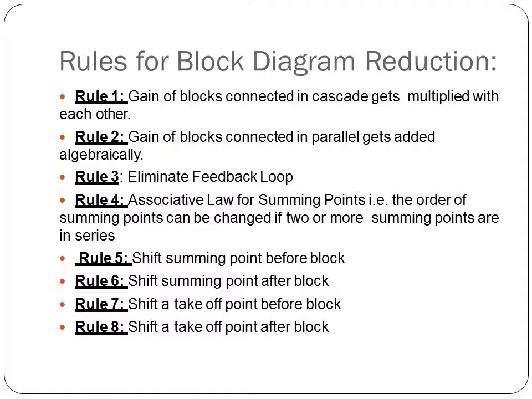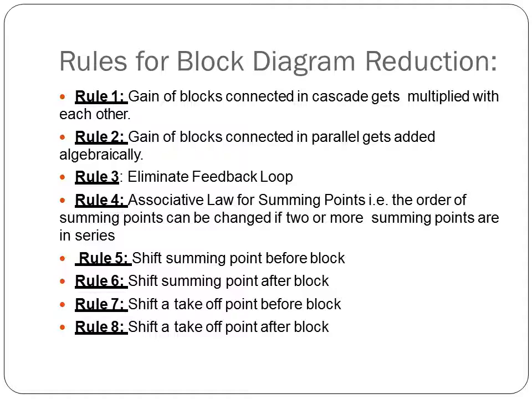So when the blocks are connected in parallel, their gains are G1 plus G2. The third rule is about eliminating the feedback loop. So if there is a feedback loop along with the gain, then its equivalent becomes G divided by 1 plus or minus G into H, where G is gain, H is feedback gain.